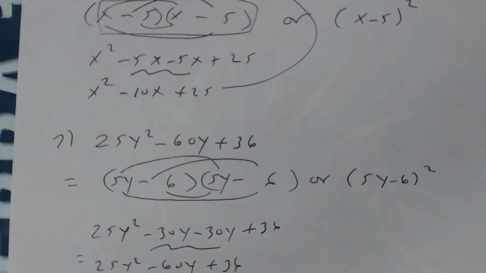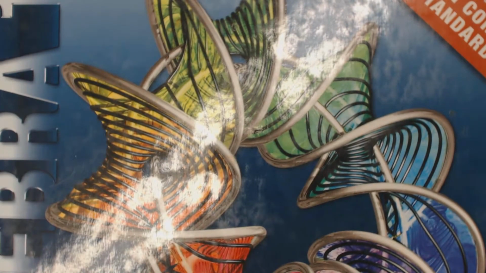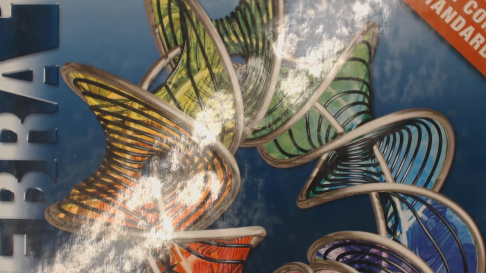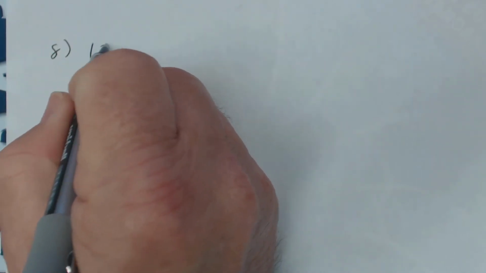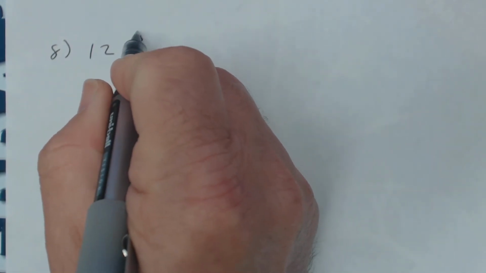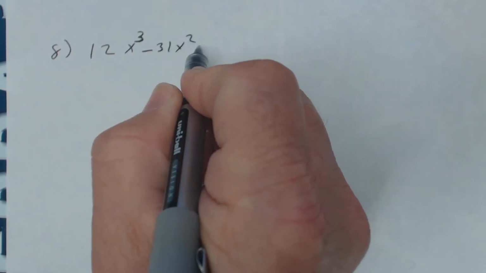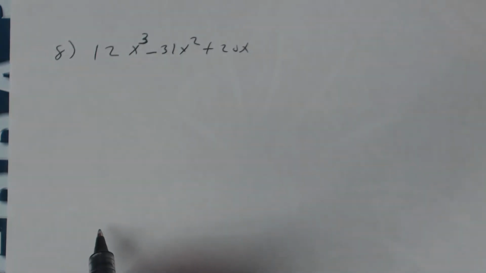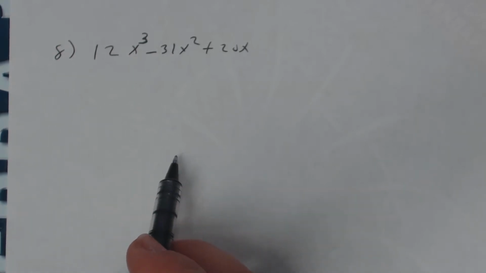All right, number 8. You have 12x cubed minus 31x squared plus 20x.